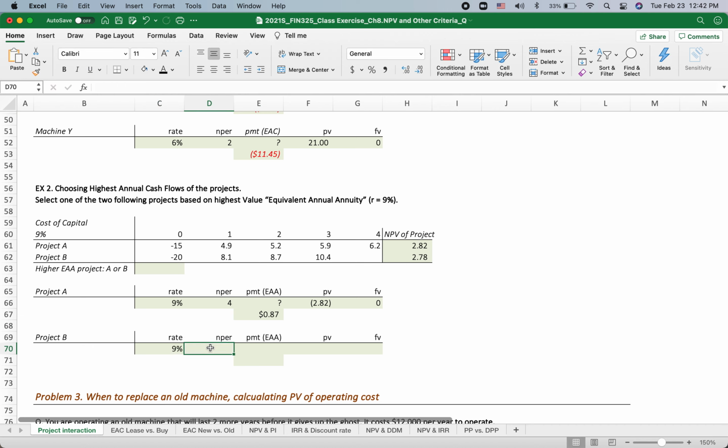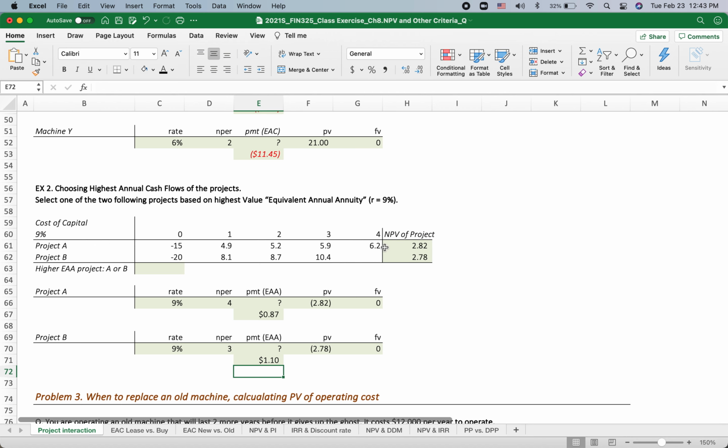And then we realize that even though the NPV of project B is lower than project A, considering the equivalent annual annuity, project B is greater than project A, 1.1, because we assume that project B recurs after year 3 over and over again.